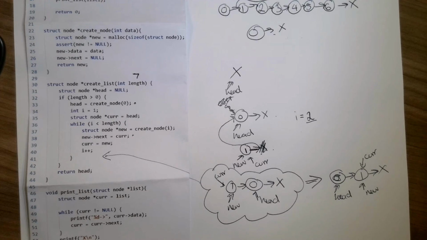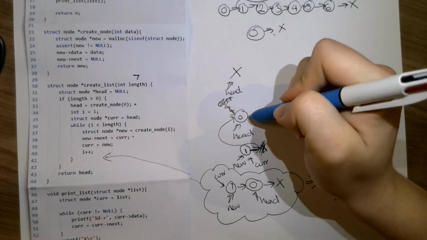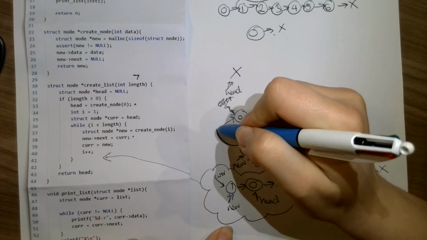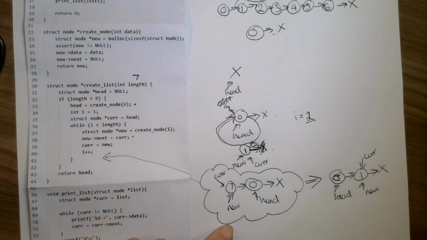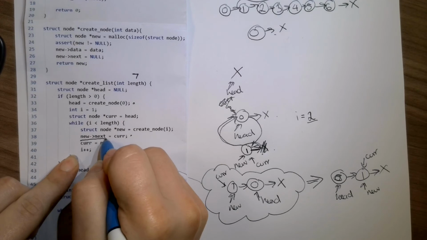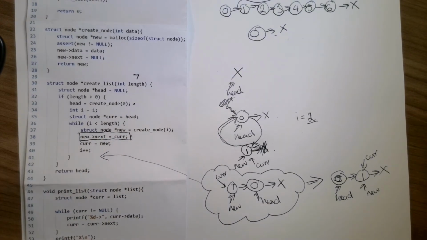So what we wanted to happen at this stage, which is inside our loop, is we wanted this guy to point to this guy instead of this guy to point to this guy. So the line that is doing that is this one. New next is current.